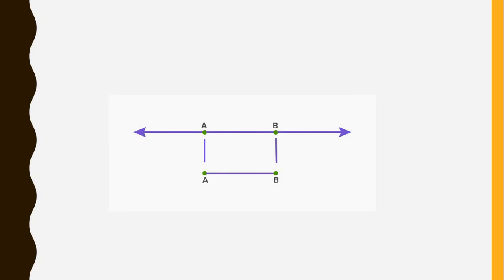Now, imagine that the line segment from A to B is extended beyond A in one direction and beyond B in the other direction. And now you get the model of a line.